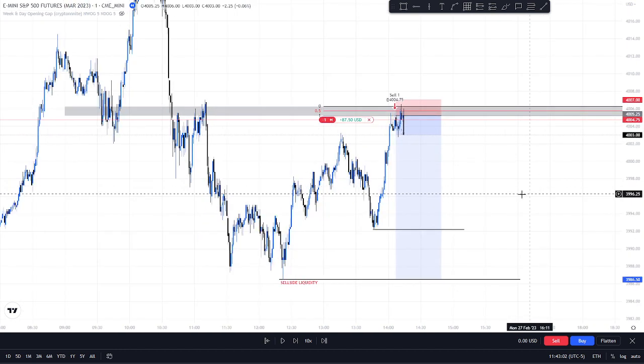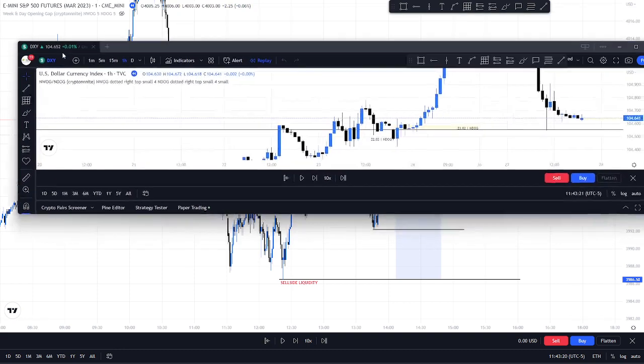I want to show you something because we want to use intermarket relations as well. We don't just want to be looking at one market because then you have your nose up to the bark of a tree and you can't see the forest. Do you understand? So, right as this was happening, I'm going to show you something. On DXY, the dollar index, I'm going to bring this to the side here.